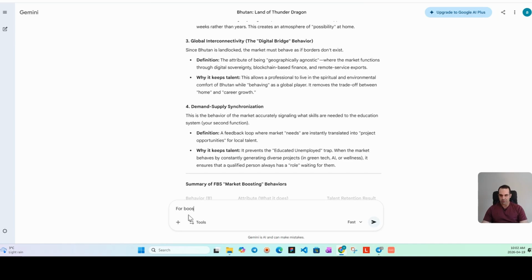For boosting the market, we have three features. These are the behaviors.